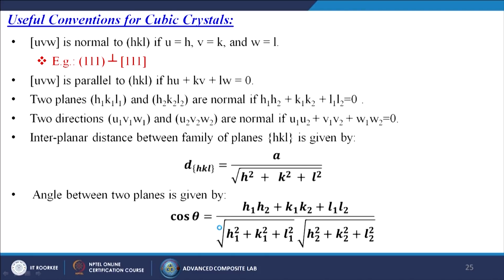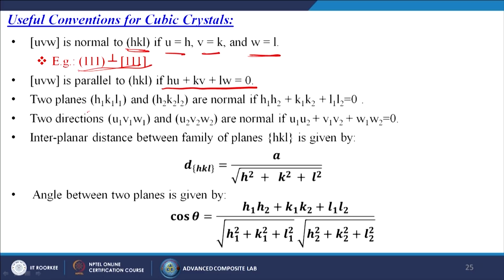Now some useful conventions for cubic crystals. [U V W] is normal to (H K L), that is U is equal to H, V is equal to K and W is equal to L. Example: [1 1 1] is perpendicular to (1 1 1). Here [U V W] is parallel to (H K L) if HU plus KV plus LW is equal to 0.